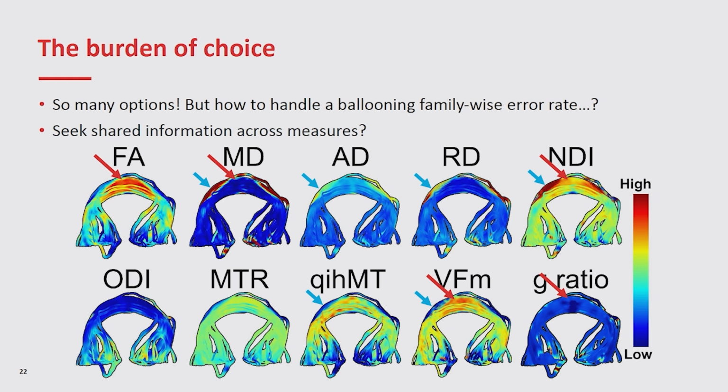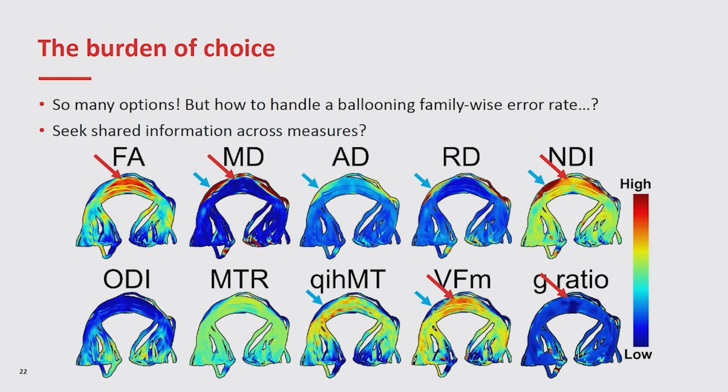So one potential way that we could account for this is maybe by looking for areas of convergence across our different metrics that share microstructural sensitivities, like myelin sensitivity or any other microstructural metric that we're interested in. Look for areas along a tract, or maybe across multiple different whole tracts, where these metrics are agreeing.